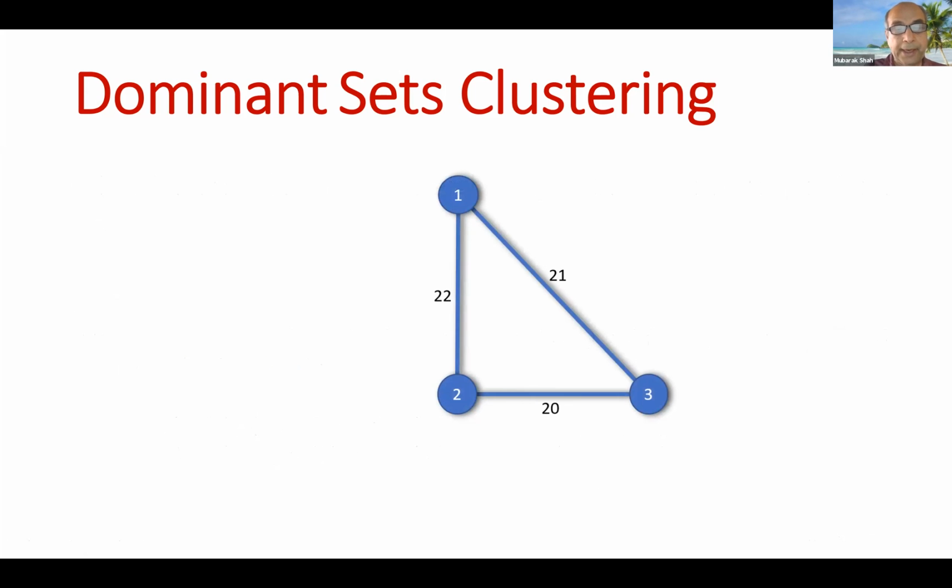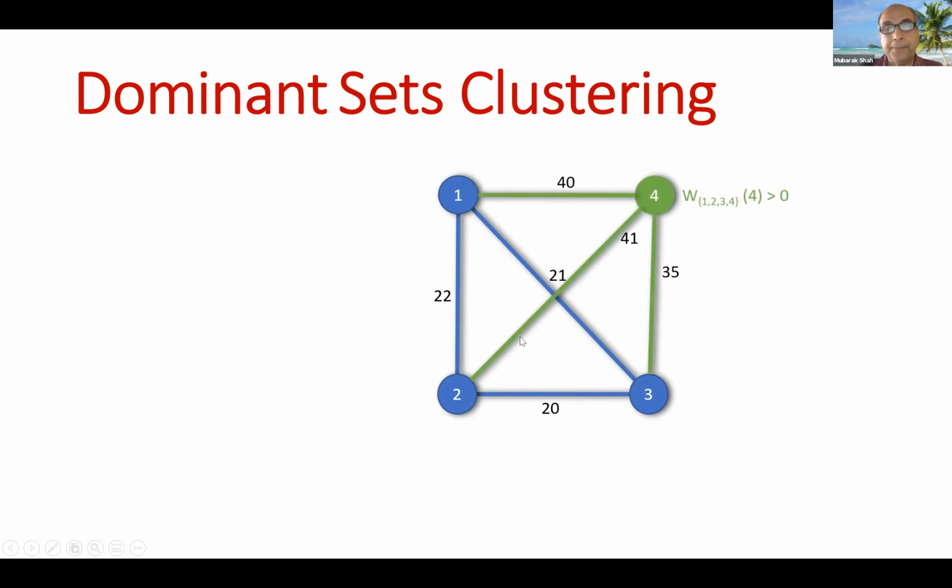So let's take an example. We have, say, 3 vertices, and these are their similarities. And this is a dominant set, okay? Now we add an additional vertex 4, and these are the similarities of 4 with 1, 2 and 3.